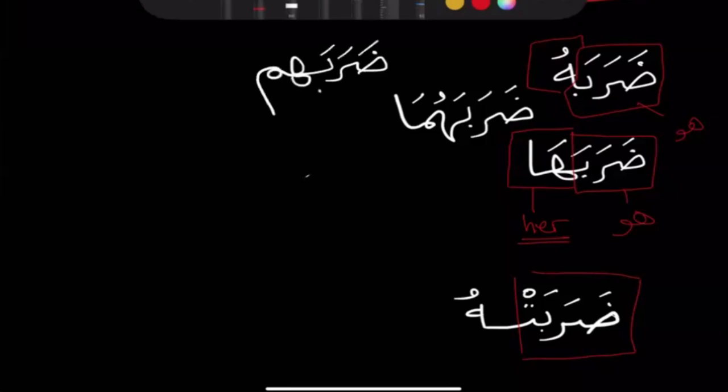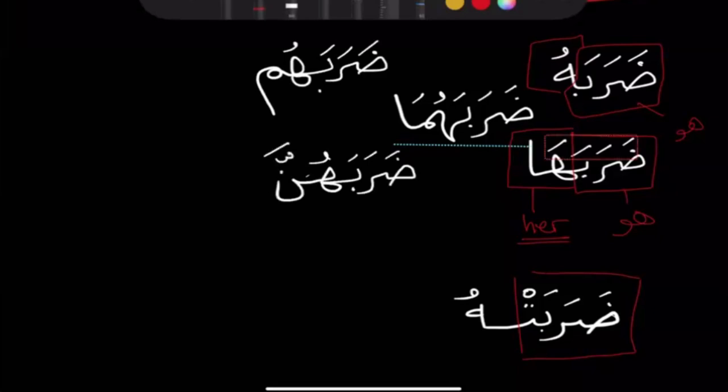Exactly. Arabic is a language of patterns. Darabahum, he hit them. Then darabahunna.